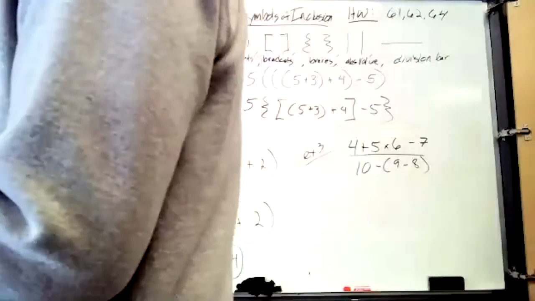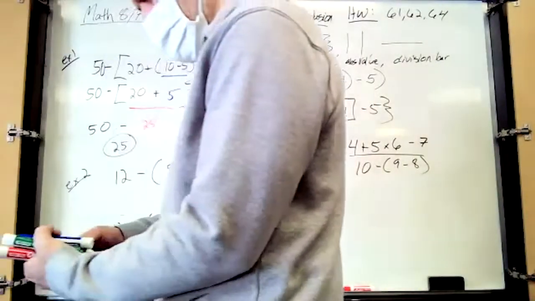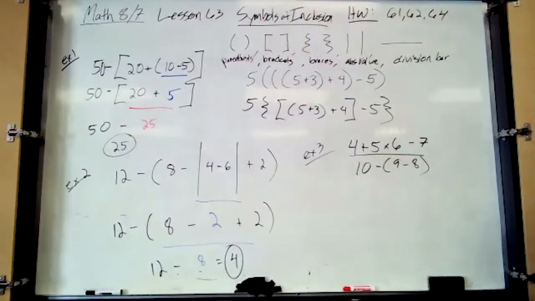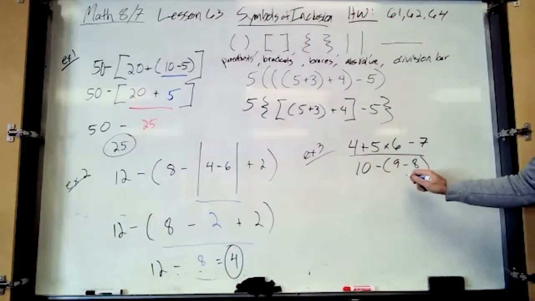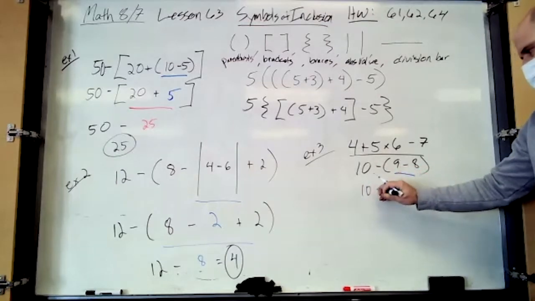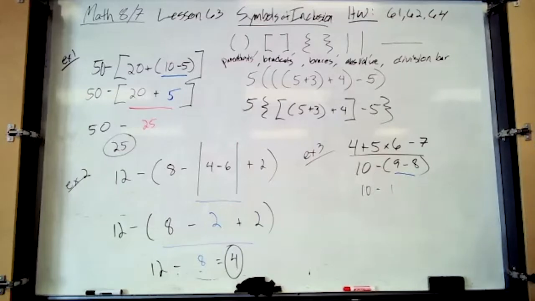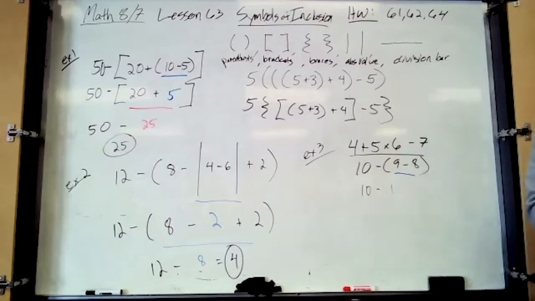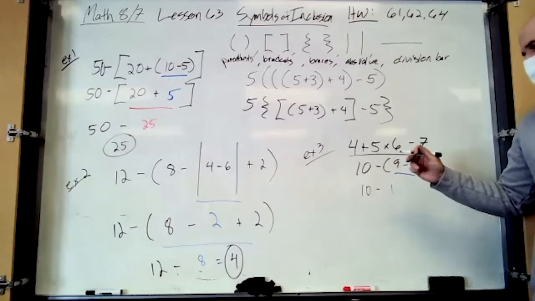2 and 7/10. Okay, let's see what happened here. So what do you do first? Parentheses. Okay, so there's parentheses there. What is that on the bottom? It's 10 minus 1, right? The bottom is 9. I saw that as 10 divided by 1. Oh, sorry. Bummer. Okay, now what do you do on top first? Multiplication.